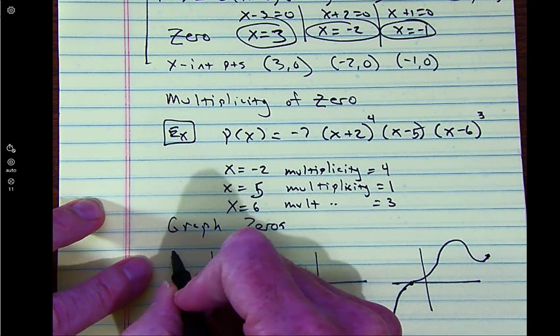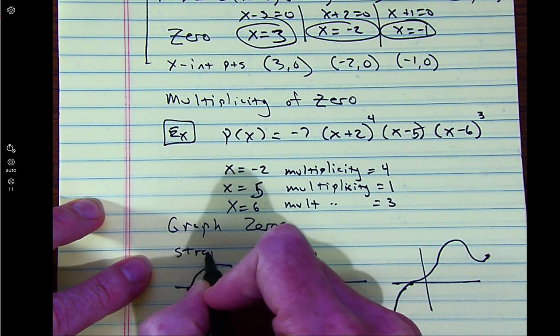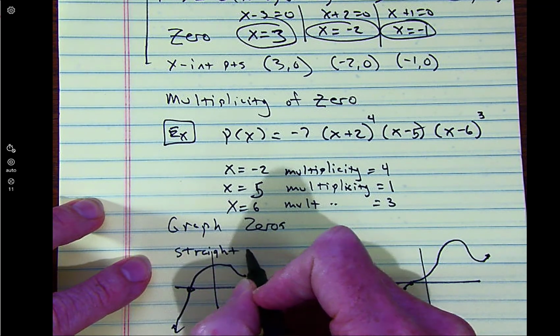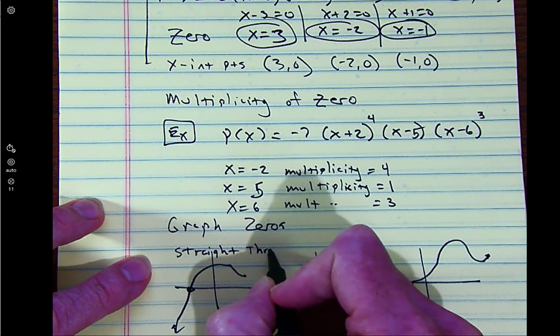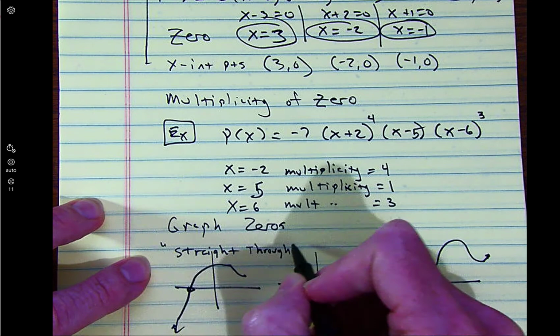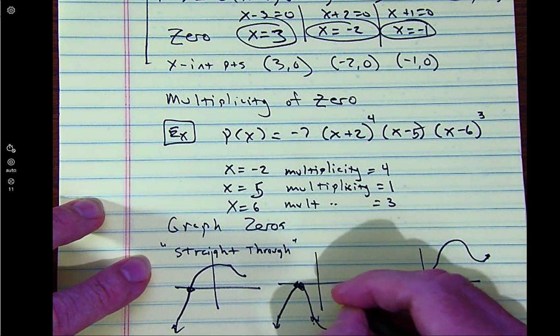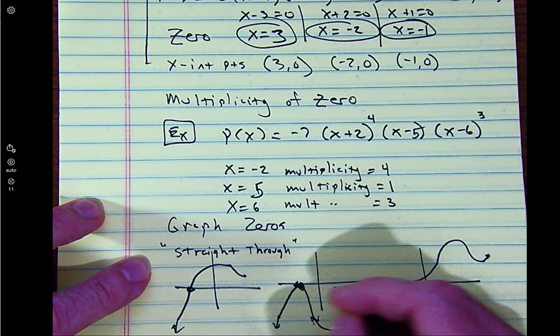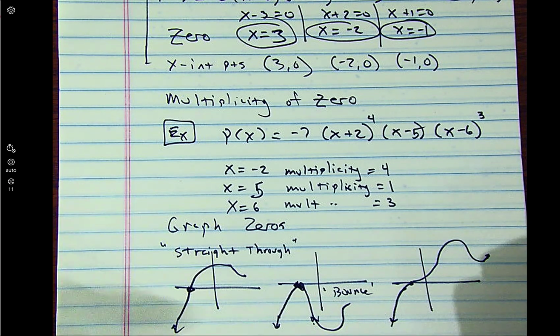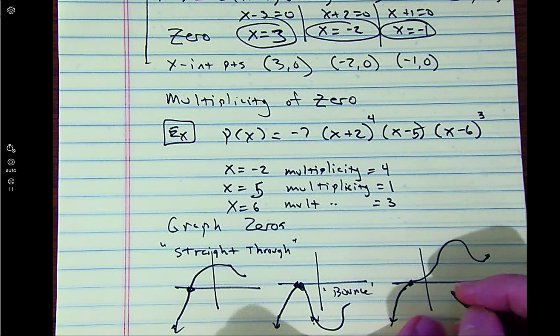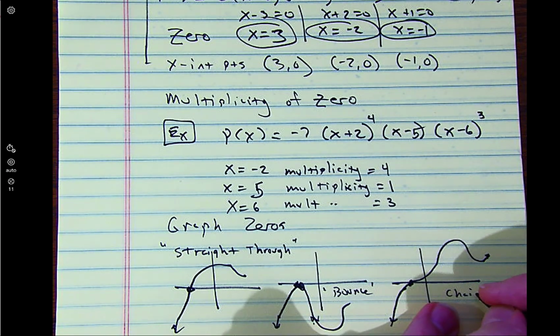For lack of a better way to describe this, I just say straight through. This one is bounce. And this one, we refer to it as a chair. It's kind of like a chair.